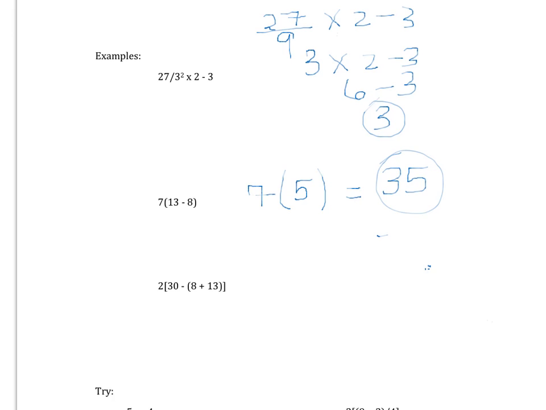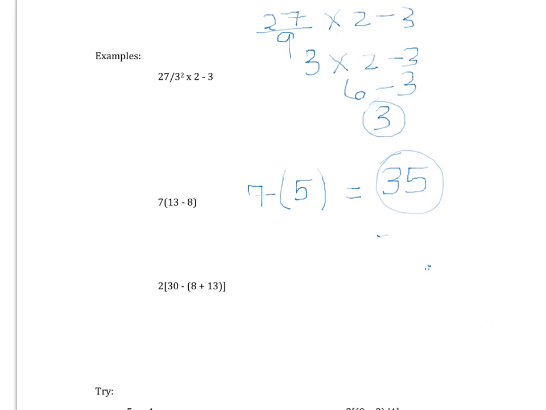Okay, this third one, I have 2 grouping symbols. I've got parentheses and I've got brackets. Brackets are just another grouping symbol. And what I am going to do first is I'm going to do what's on the very inside first.